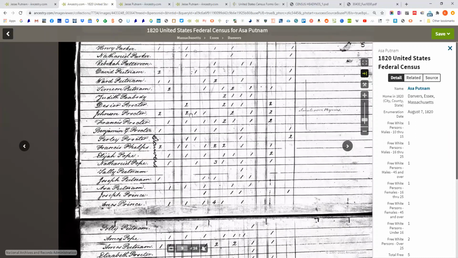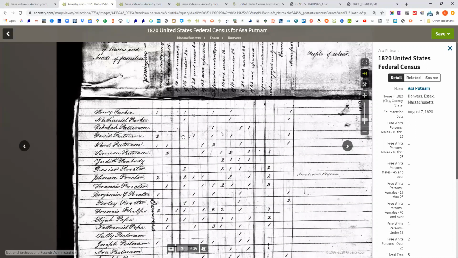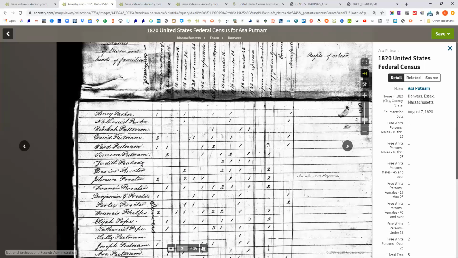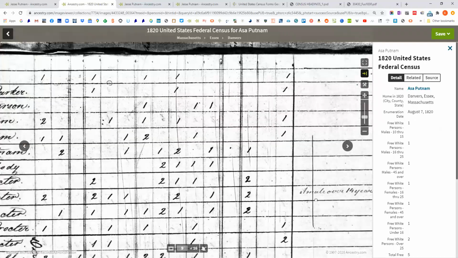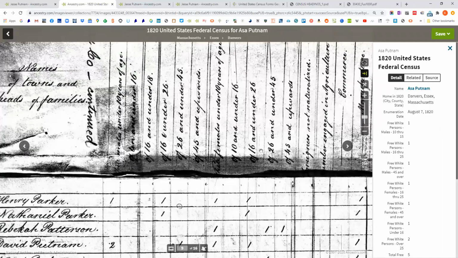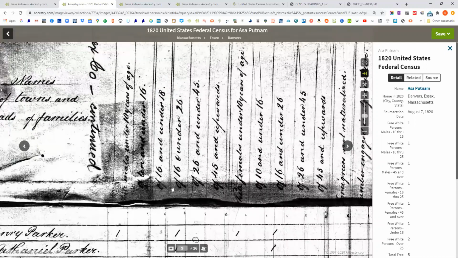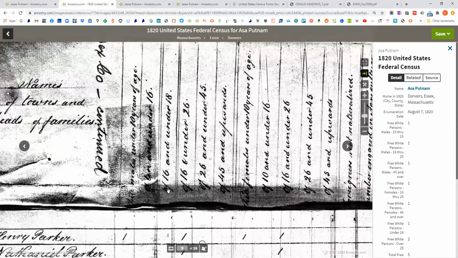And so that's something to be aware of. The other thing I want you to notice, and this gets a little tricky. Let's take a look at this. And notice this column is males of 16 and under 18, and then the next one is of 16 and under 26.